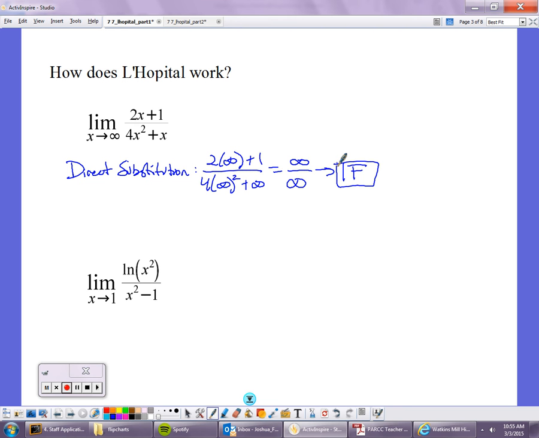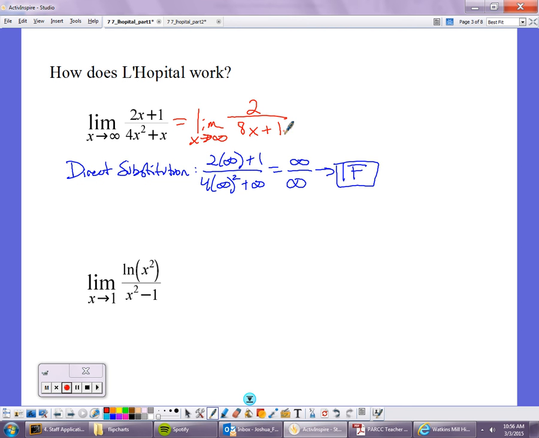So this is where we want to use L'Hopital. Remember, we can only use L'Hopital when we get an indeterminate form. So we'll say this is equal to the limit as x goes to infinity of the derivative of 2x plus 1, which is 2, over the derivative of 4x squared plus x, which is 8x plus 1.